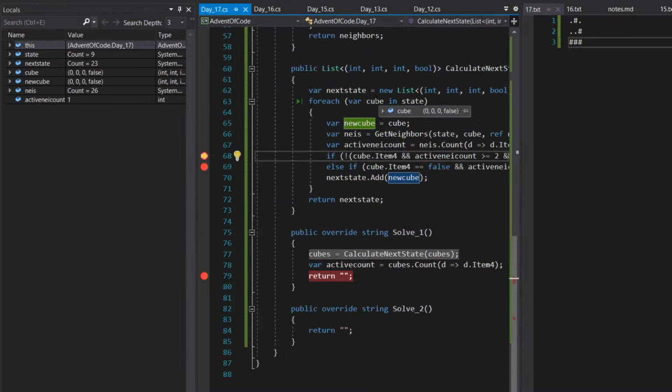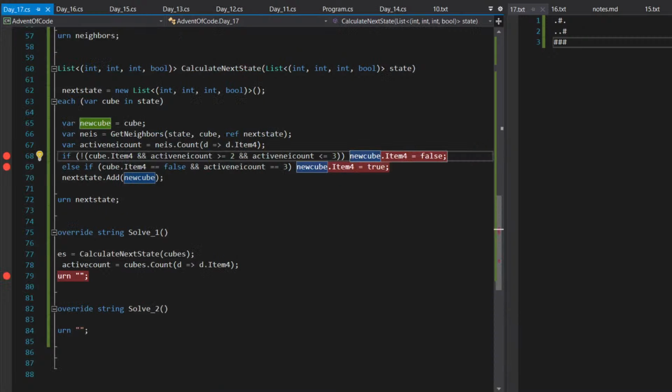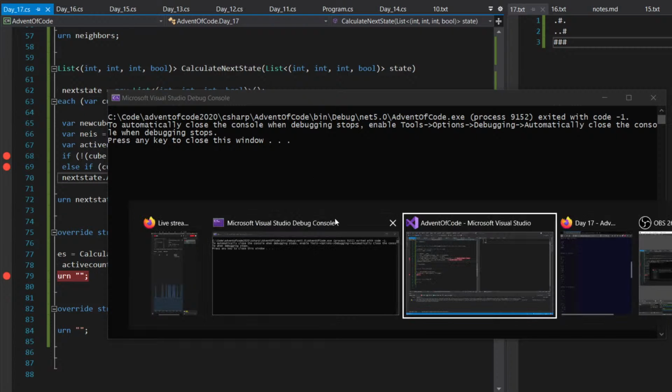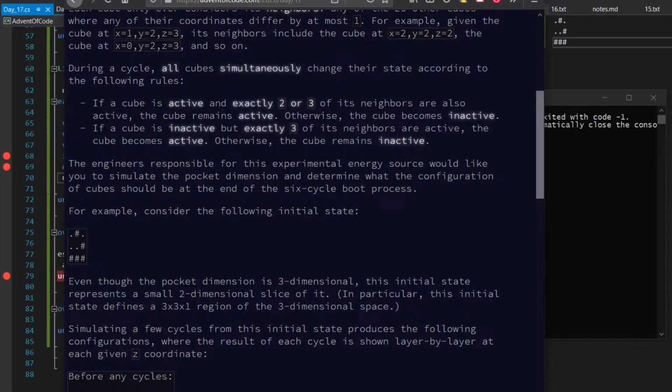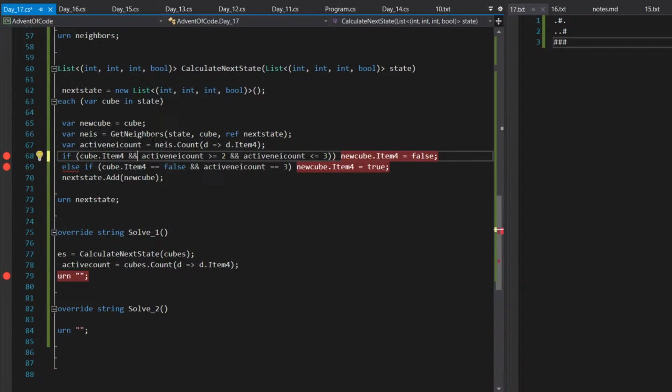We're looking at cube, which is 0, 0, 0. Oh. Again, I'm getting caught up with the check. If a cube is active and exactly 2 or 3 of its neighbors are also active, the cube remains active. So it should be, if cube is active and it's not within 2 or 3, then make it false.